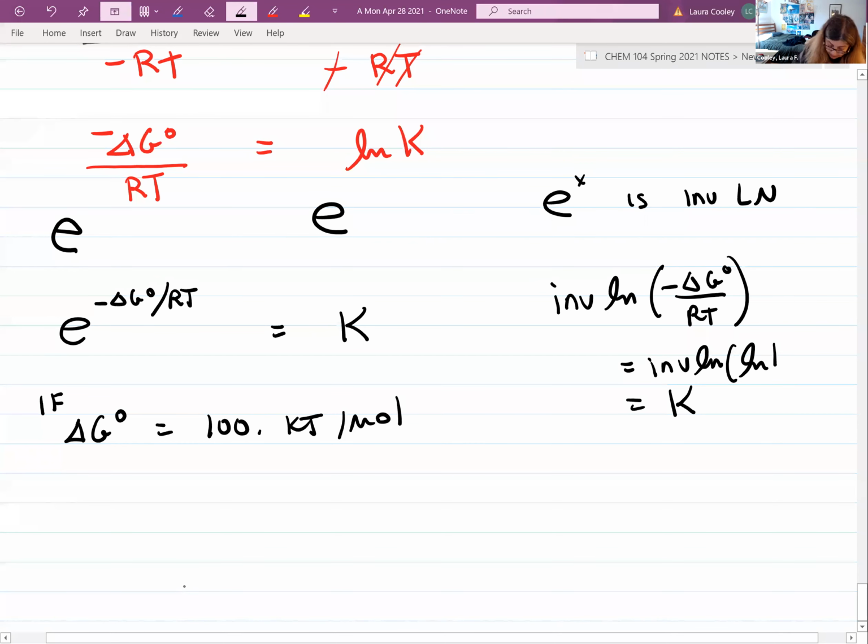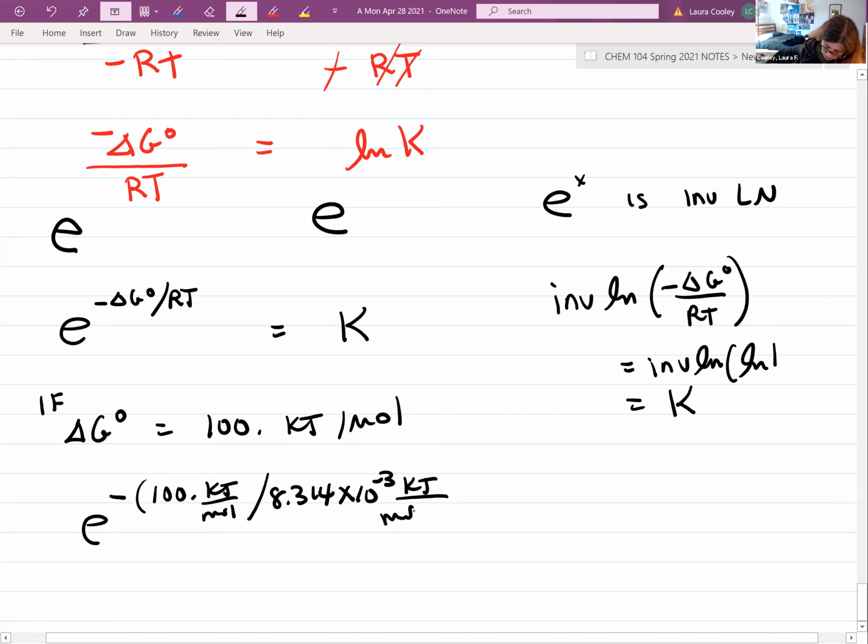So E to the minus 100 kilojoules per mole divided by 8.314 times 10 to the minus 3 kilojoules per mole Kelvin, times 298 Kelvin. So what does this come out to?